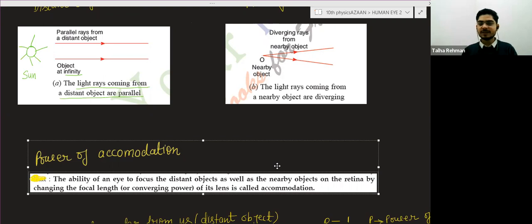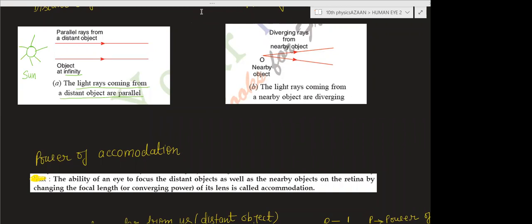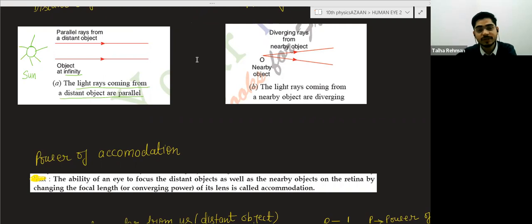Which part of the eye is responsible for changing the focal length or the power of the eye lens? Retina? No, beta, not retina. How can you say retina?